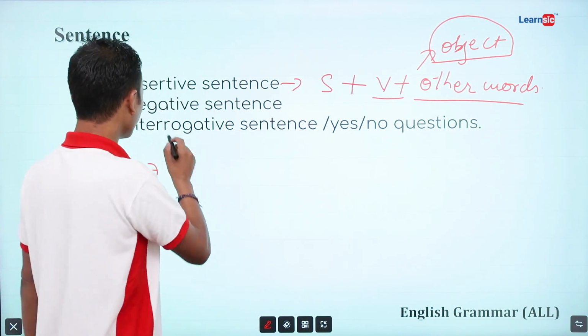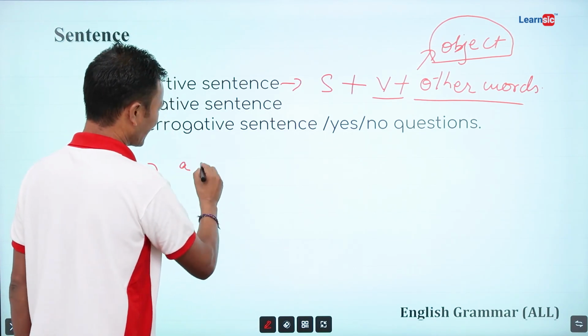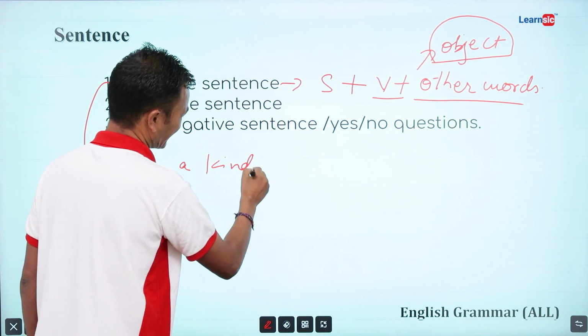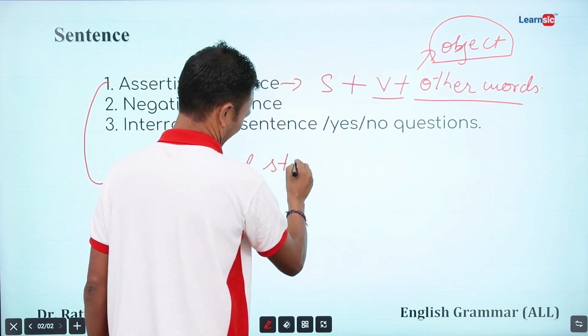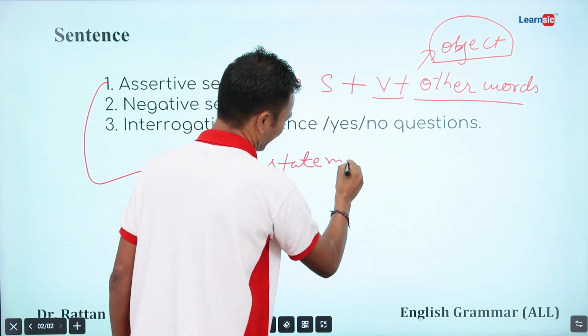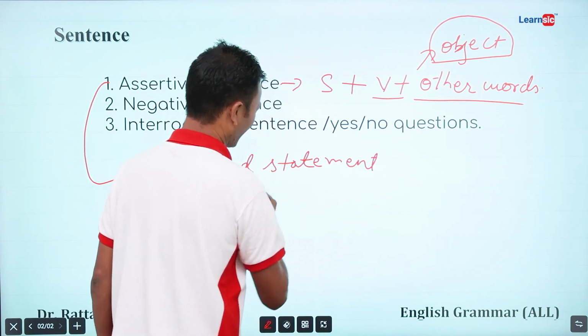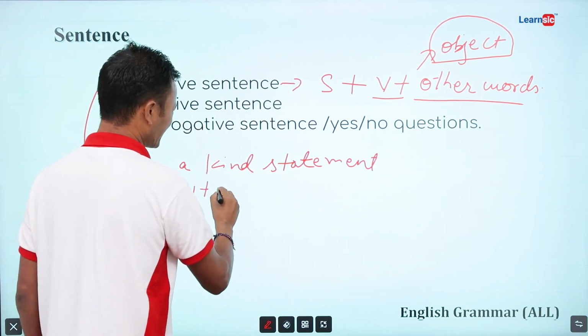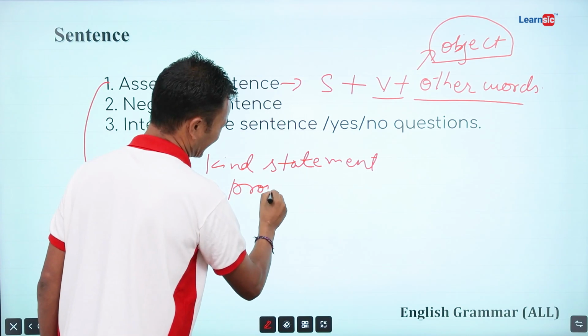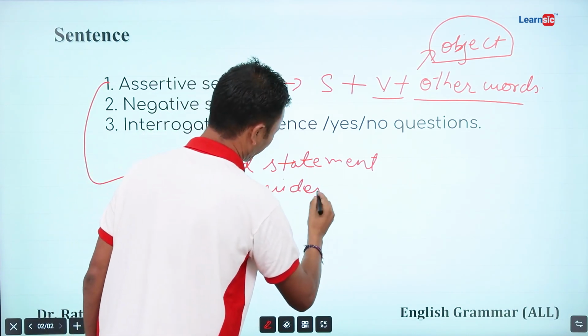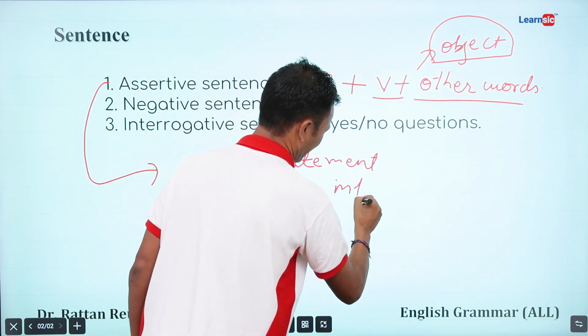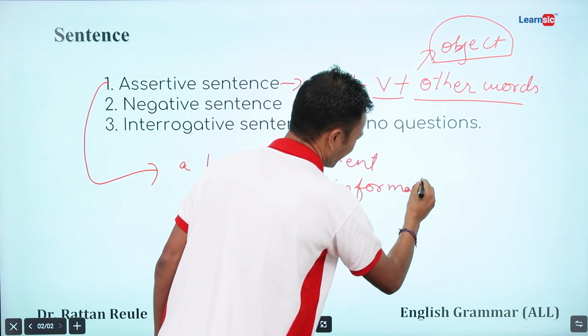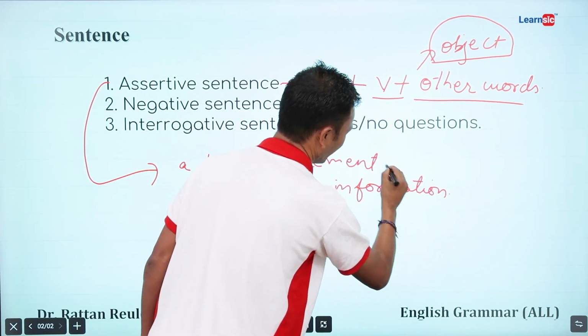Basically, an assertive sentence is a kind of statement, and it provides just information.